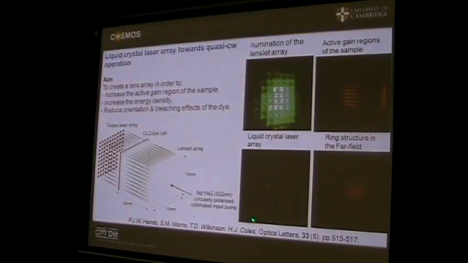Because if you combine those spots in the far field, lo and behold, you get an almost single Gaussian laser beam. That's the combination of 100 lasers in the far field in one area. So, to overcome any energy density problems you might think you had, you say, okay, that's fine. Liquid crystal cells are a large area, centimetre by centimetre is easy.